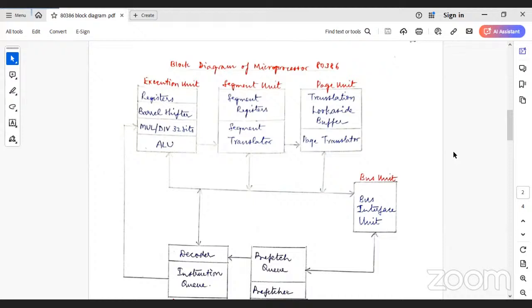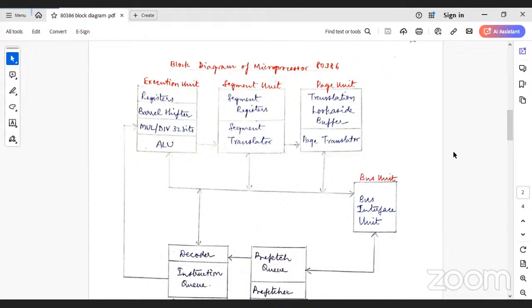Now this paging feature which is available with 386, it is not necessary that you should use that particular property of 386. If you want, you can use it. If you don't want, there is an option to discard that property.